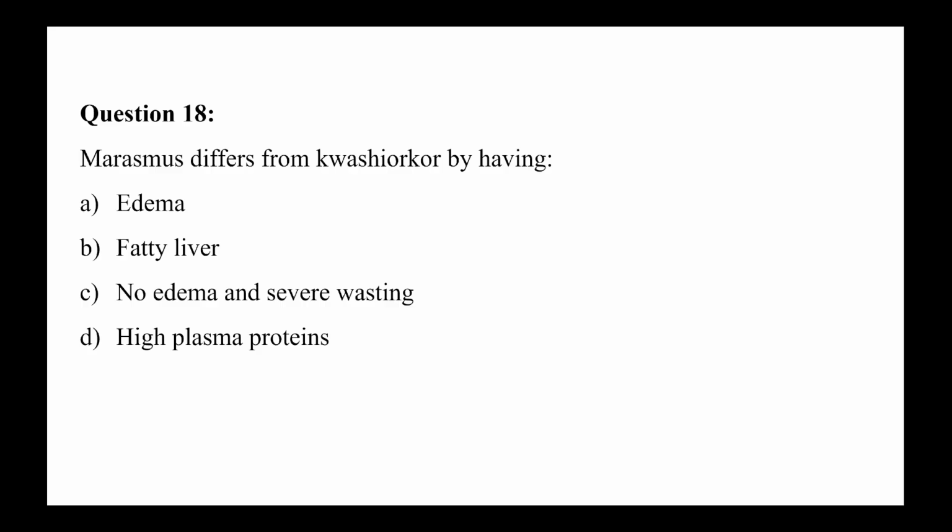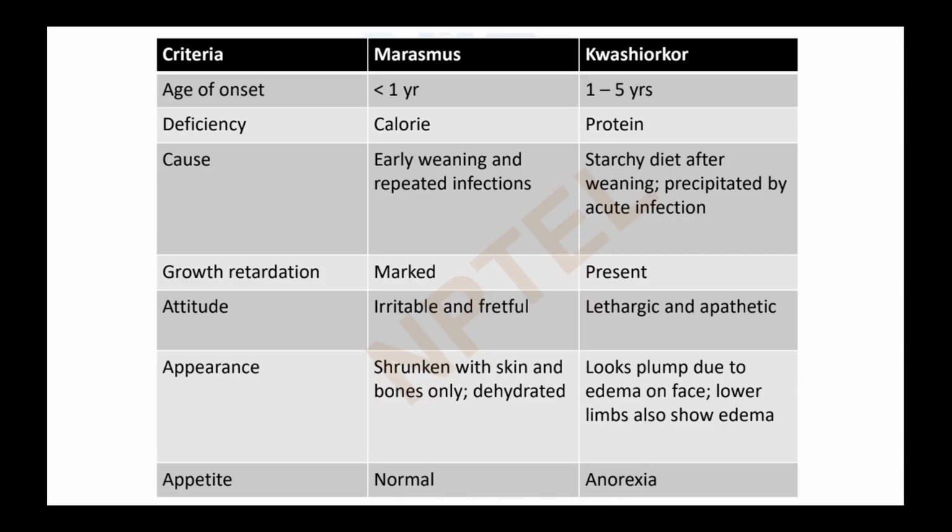The major difference is that kwashiorkor is characterized by protein deficiency, whereas marasmus is characterized by calorie deficiency. The age of onset for marasmus is less than 1 year, whereas kwashiorkor occurs later, during the 1 to 5 year stage.